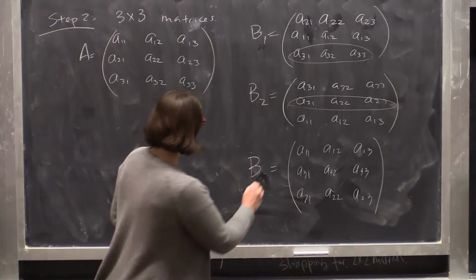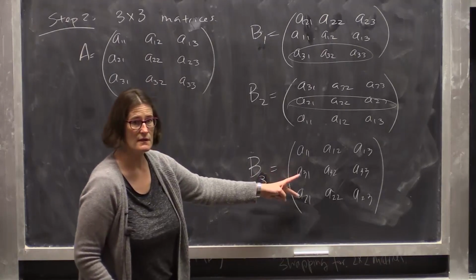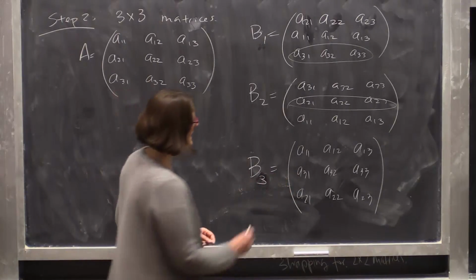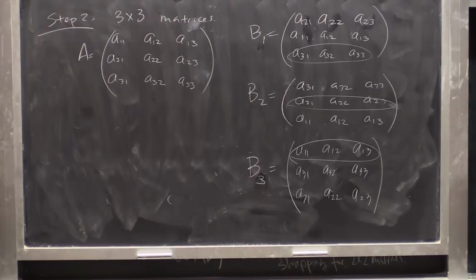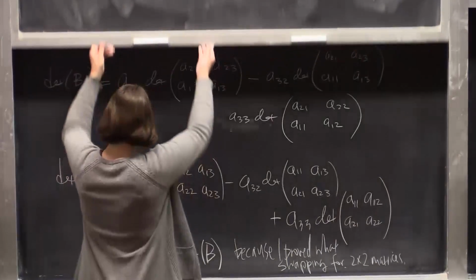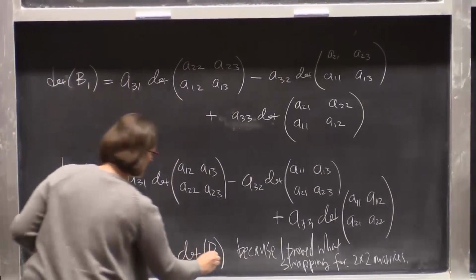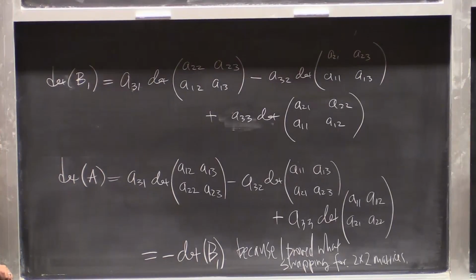For B3, I got B3 by swapping rows 2 and 3. So I'm going to expand around the first row. So you saw the proof that the determinant of B1 is the negative of the determinant of A. You now do the proof for B2 and B3.